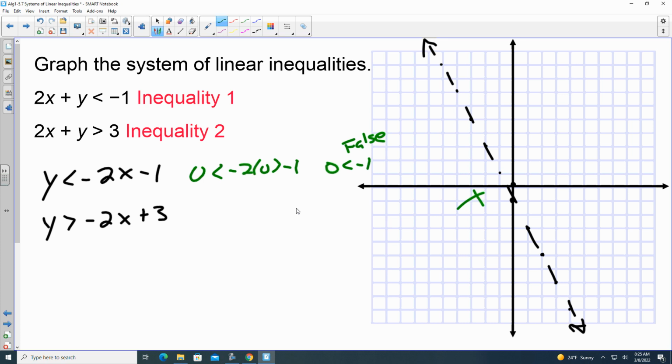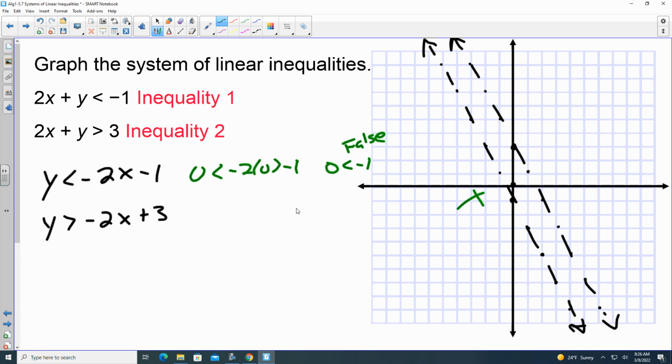Looking at the second inequality, 0, 3 is my y-intercept, and my slope is still negative 2. So it's either up to the left one or down to the right one. And this one is also a dashed line as well.